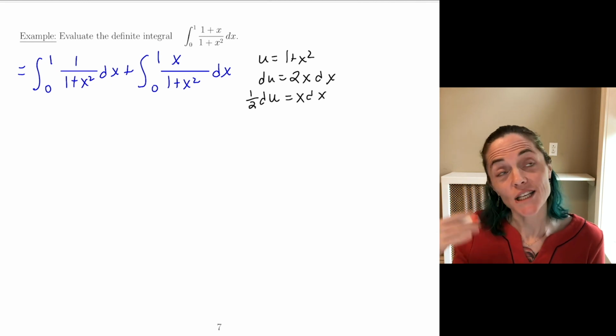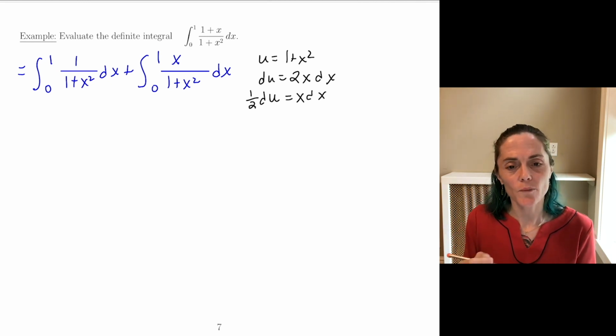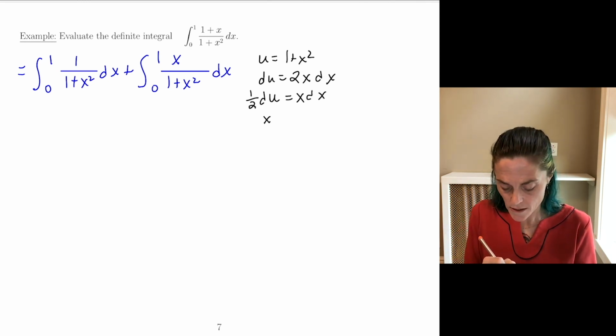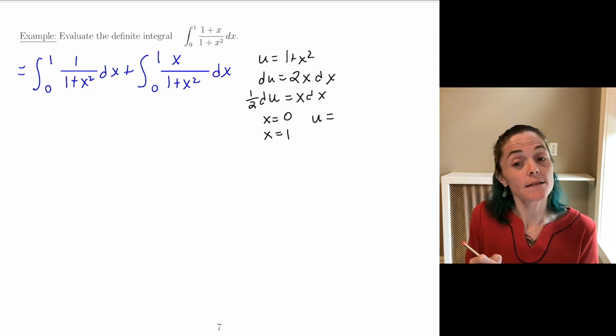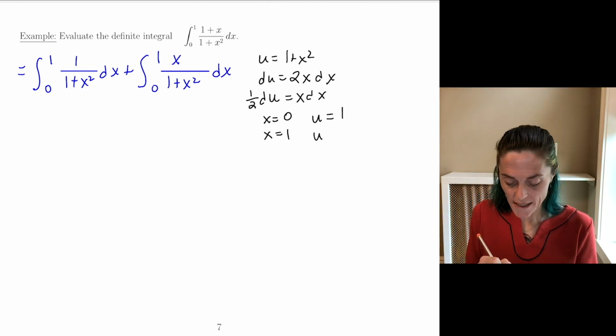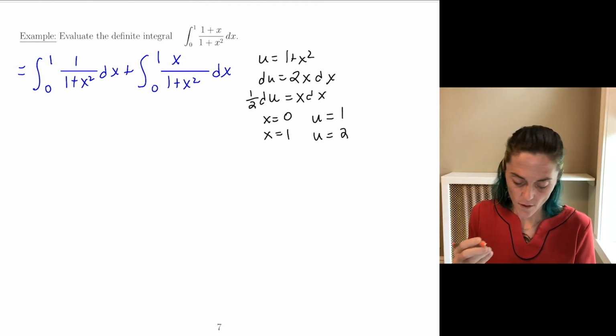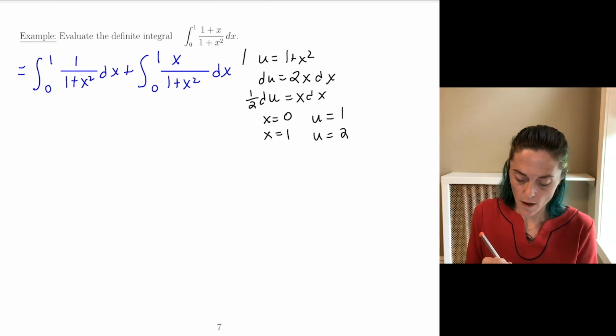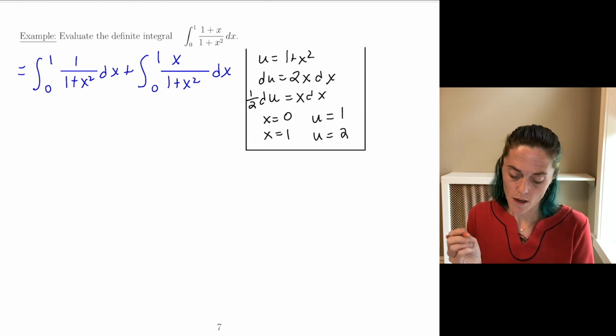Now, I am a change by limits of integration kind of person, so x ranges from 0 to 1. So when x is 0, u is 1 plus 0. When x is 1, u is 1 plus 1. Okay, great. This would be all of my substitution box.